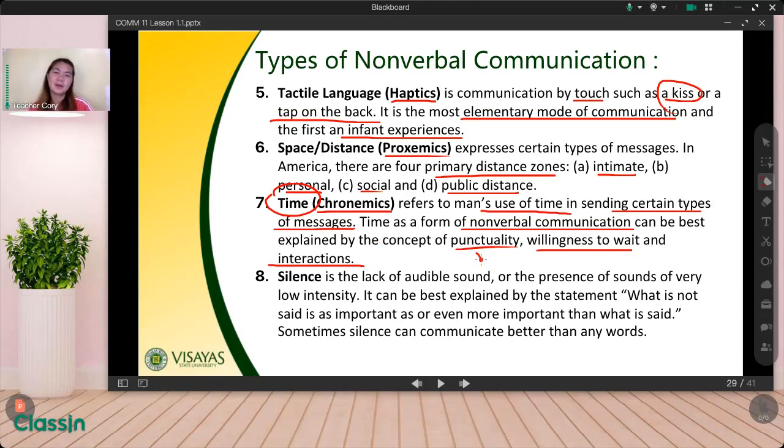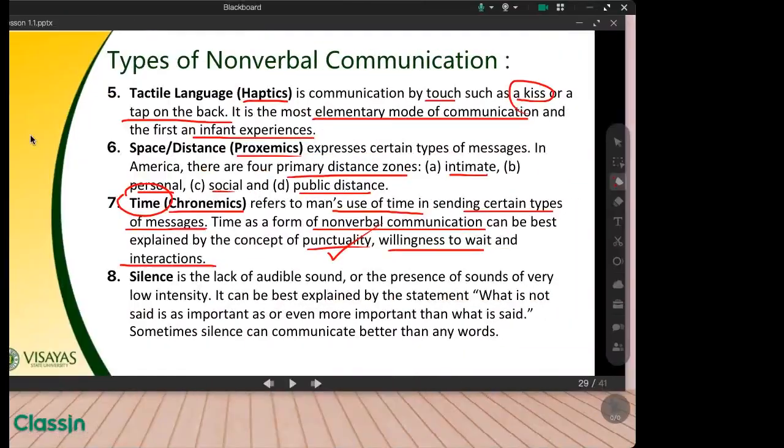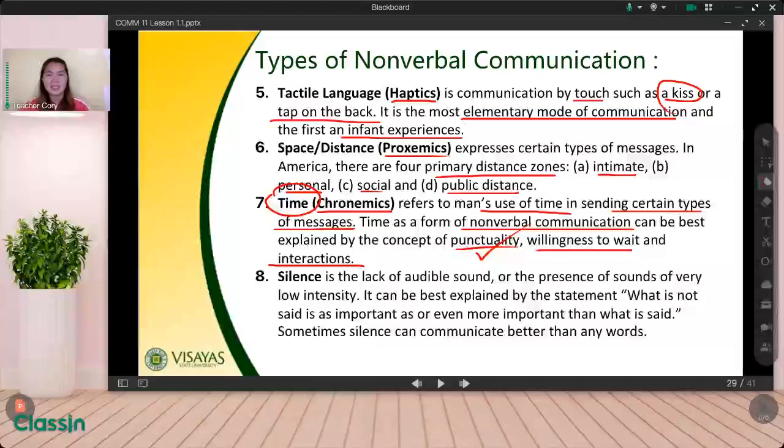And also for punctuality, there's what we call polychronic and monochronic. This is referring to cultures. Like in the Philippines, we have this Filipino time. It seems like we have a different time zone, because if we say 7 o'clock, our programs or events usually start at 8 or 9.